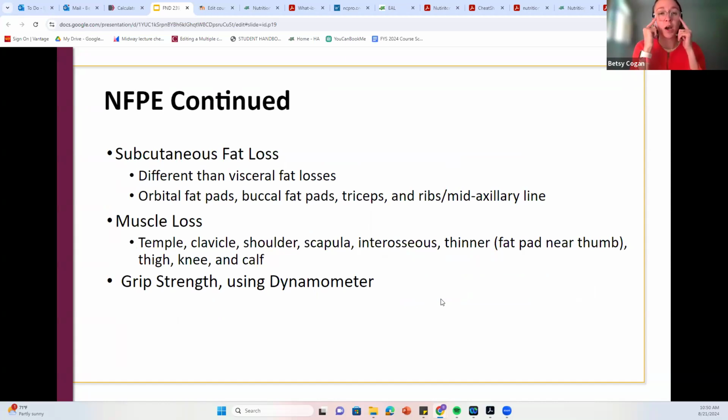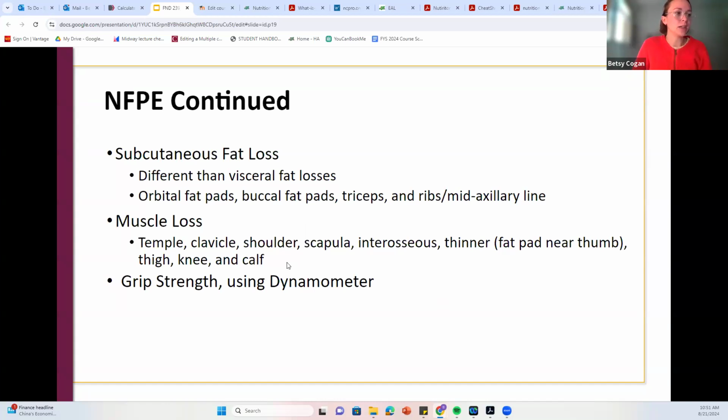Are the eyes more hollow, or are there good fat pads around the eyes? Our buccal fat pads or our cheeks, are they sunken in or are they well pronounced? We can look in other areas, our triceps, our collarbone area, our ribs. These are all areas where we can look for significant fat loss.